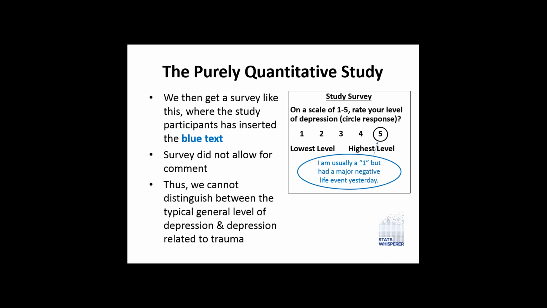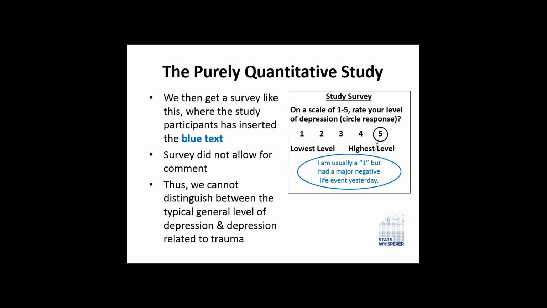So you can see here that the person circled 5, so they have the highest level of depression. But they also wrote they're usually a 1, but had a major negative life event the day before. Okay, so think about this conceptually. We're trying to measure chronic depression in the community.